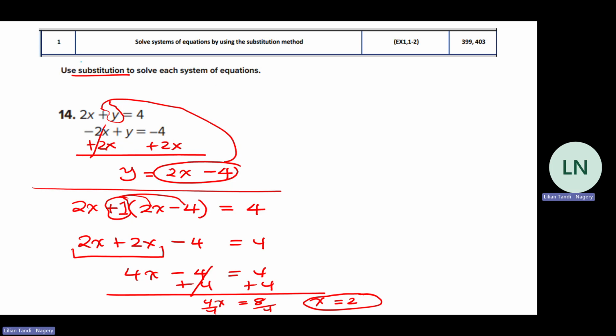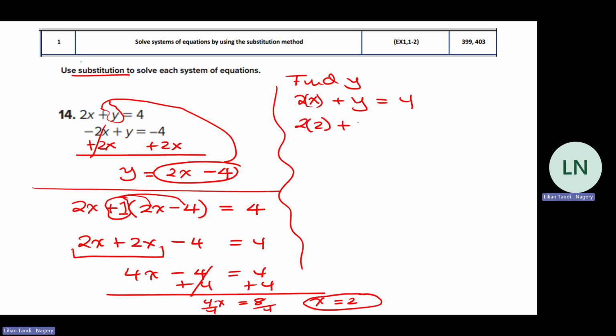Then choose either equation to find y. So find y. I use the first equation. I know x, so it should be in parentheses. So 2 times 2 plus y is 4. 4 plus y, because 2 times 2 is 4.